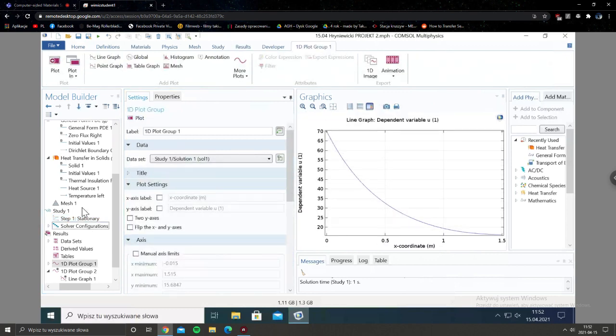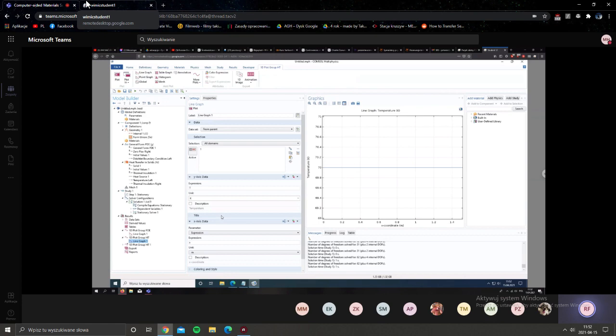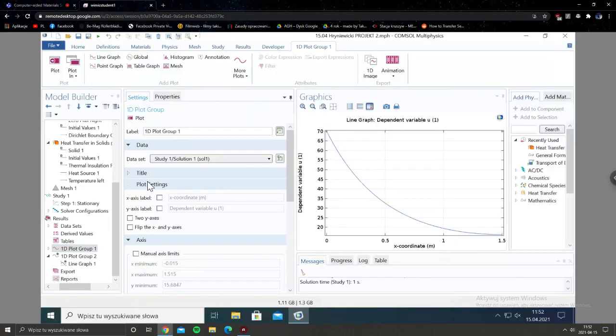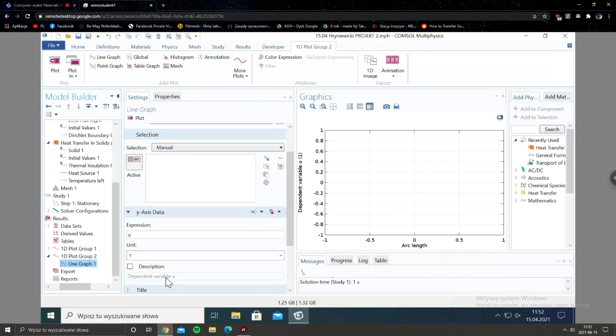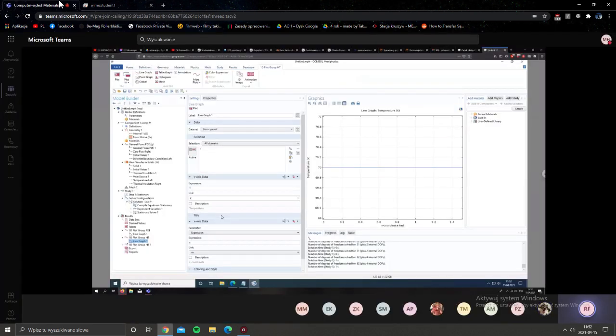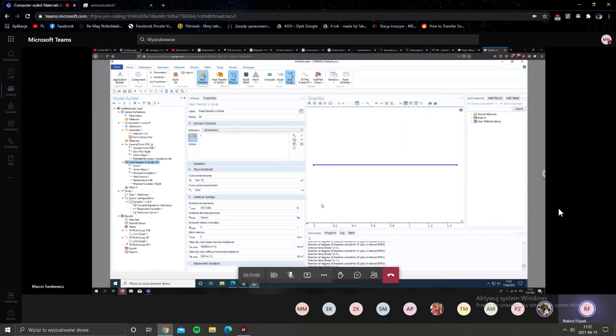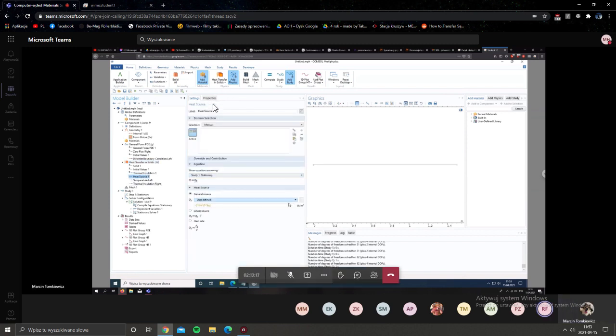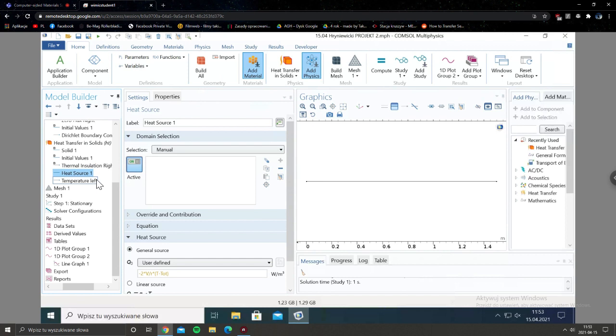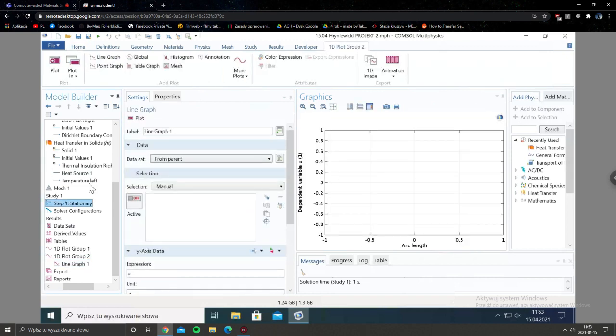Expression is temperature. All right. Oh, this is slightly strange. Let's go back to heat transfer in solids once more. Right click to heat source. Yes, in the selection, you have to choose the domain. And now repeat calculations. All right. You are successful now.